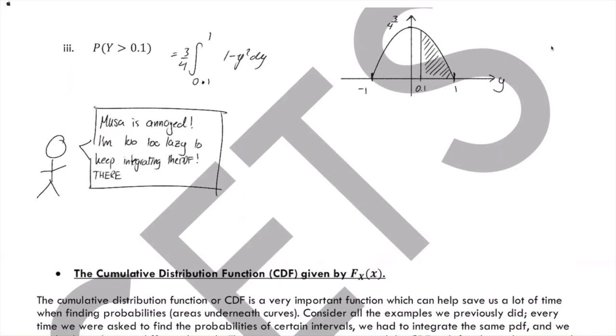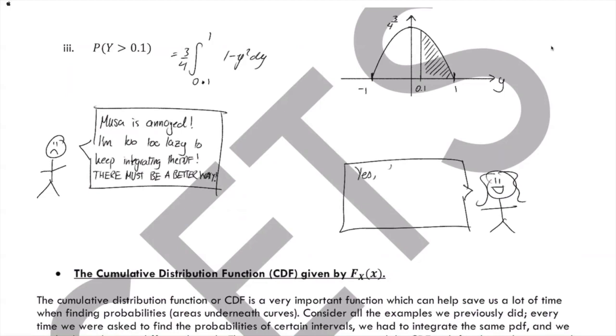Yeah, but still, there must be a better way. And then we have another. This is Musa. He's sad. This is probably the last time we'll ever hear that catchphrase. And then we have another person here, and he's smiling. Yes, friend. We can use the PDF, CDF.